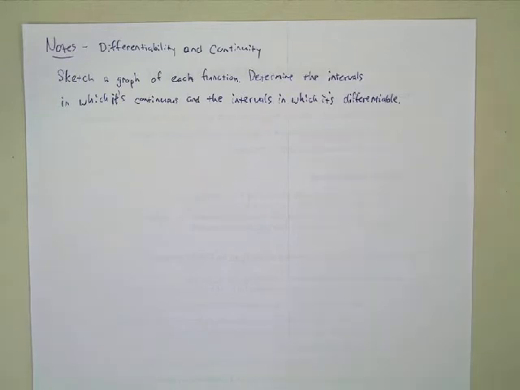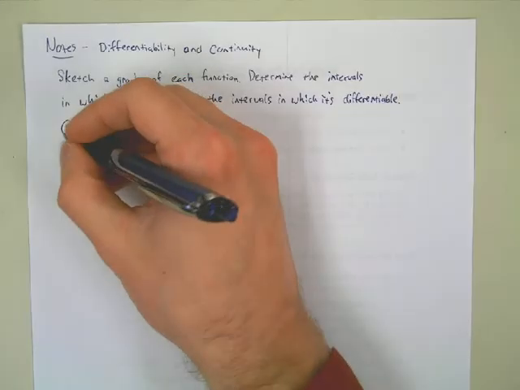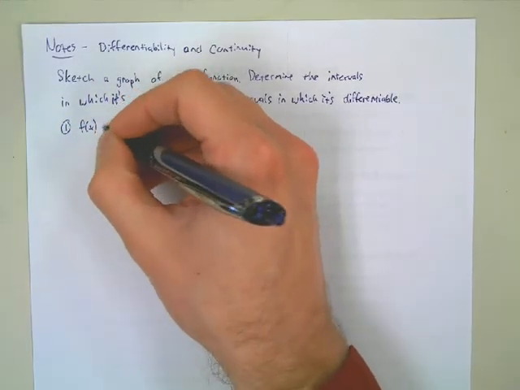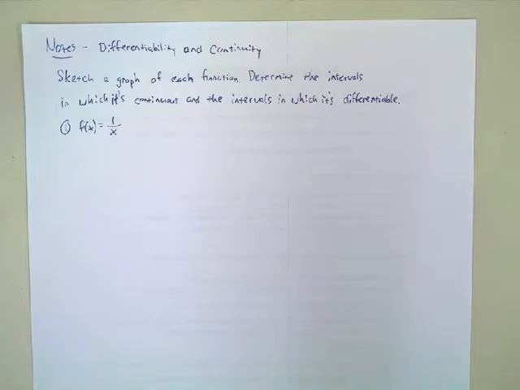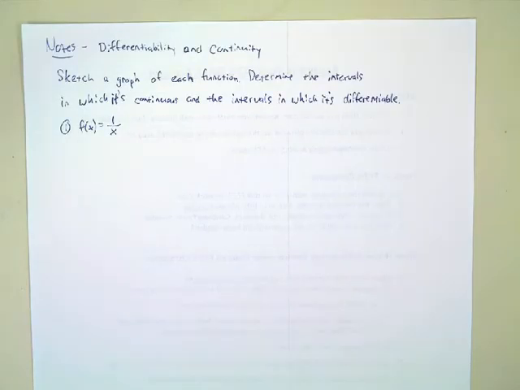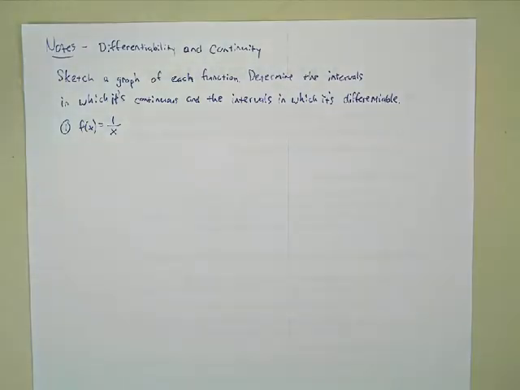All right, so the first one we're going to look at is f of x equals 1 over x. Let's sketch this graph real quick.